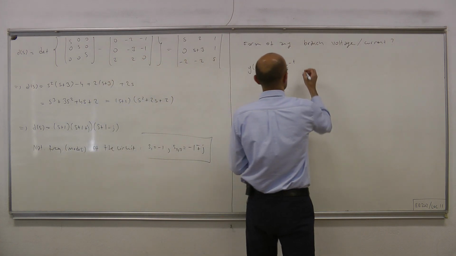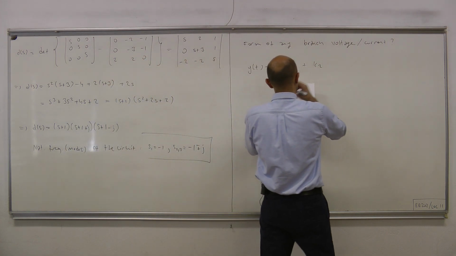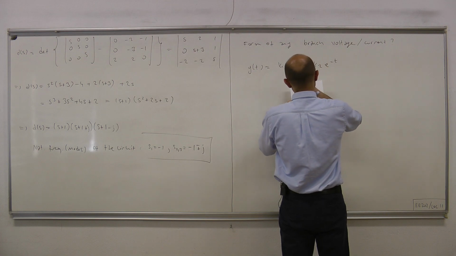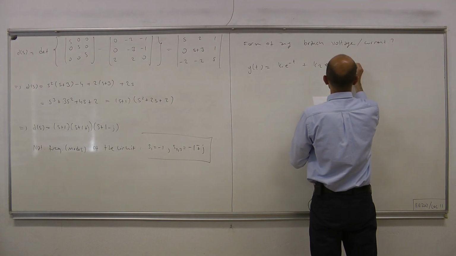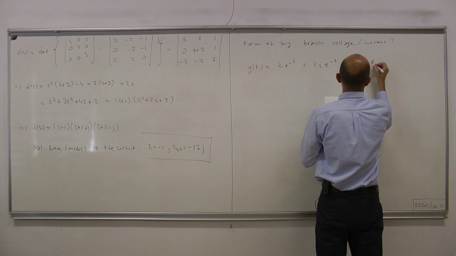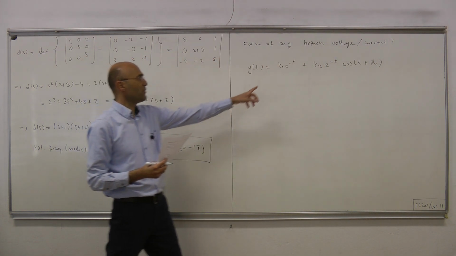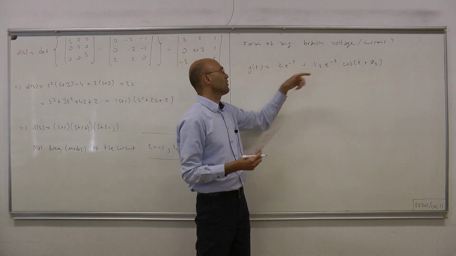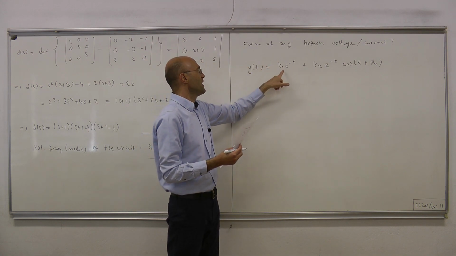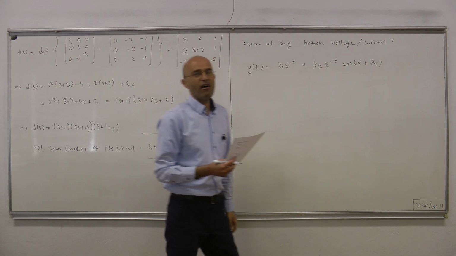In other words, we will have k2 e to the minus t cosine of t plus some phase. Note that we have three unknowns, or three constants, k1, k2, and phi 2.